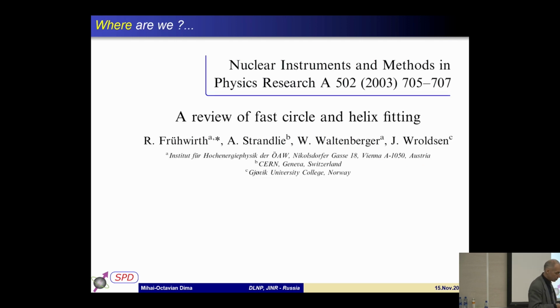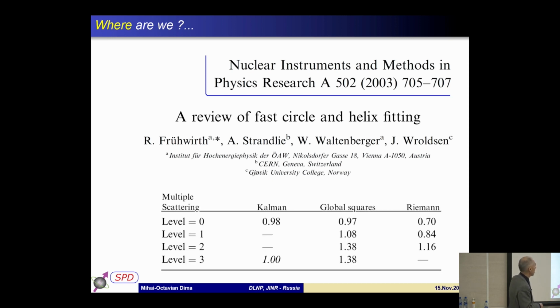The only review on fast helix fits I found is this. There's work of Fruhwirth and Strandlie. They've been doing this kind of thing for 20 years. And they say that most methods are within range of the Kalman filter fit.